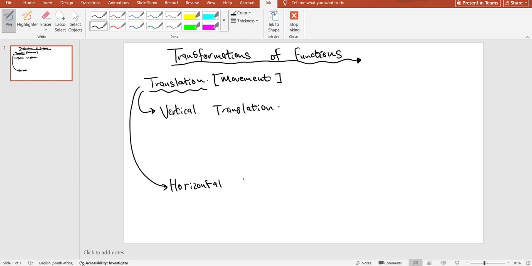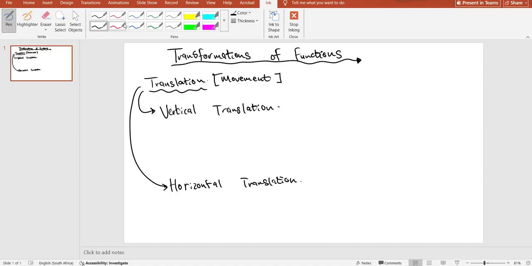So again, you need to understand what a translation is, and that there are two types. There's a vertical one where the graph literally moves up or down, or the horizontal one where the full graph moves either left or right.